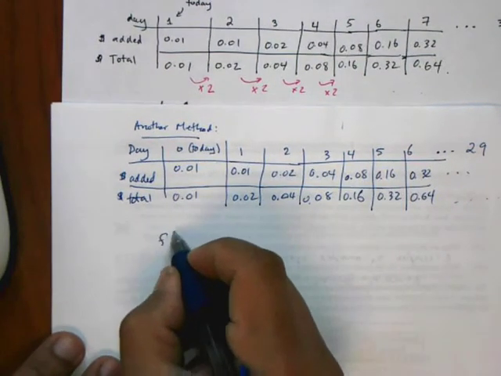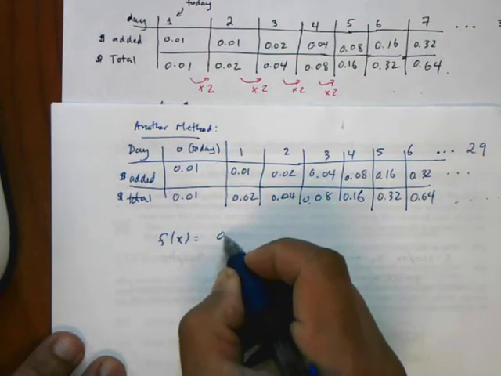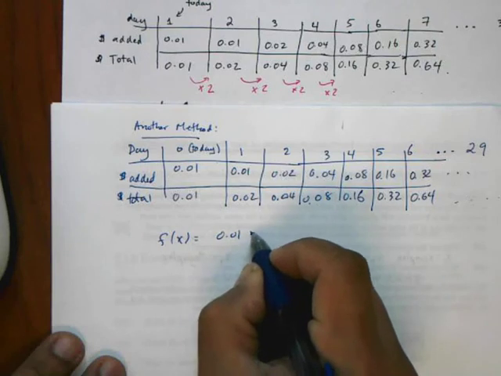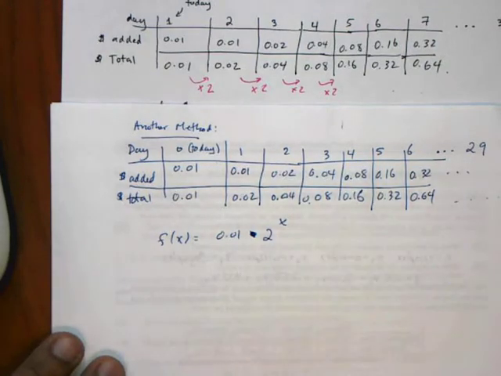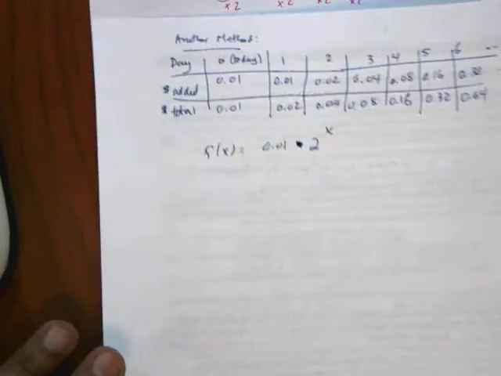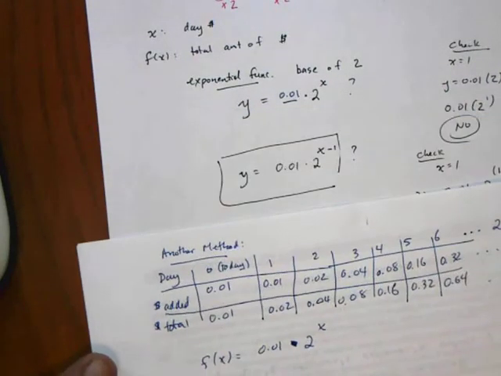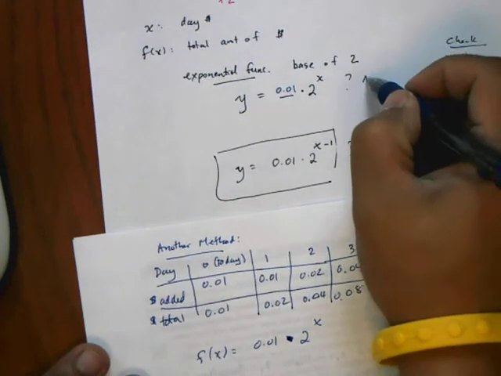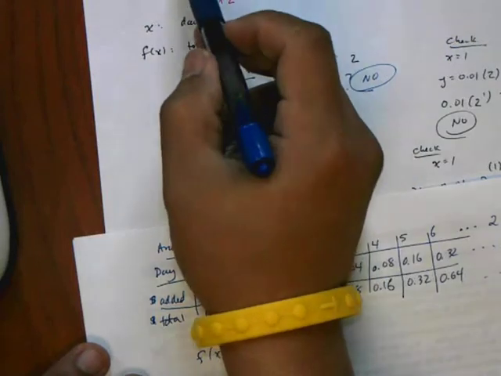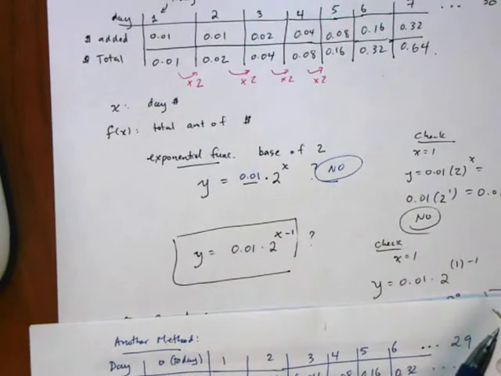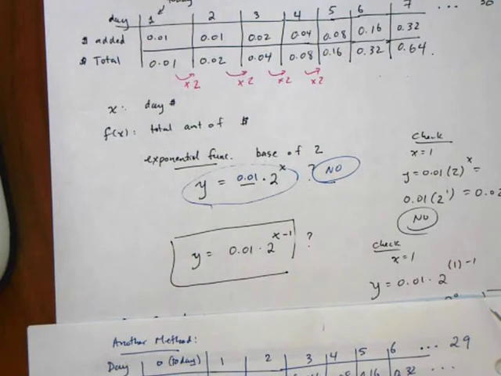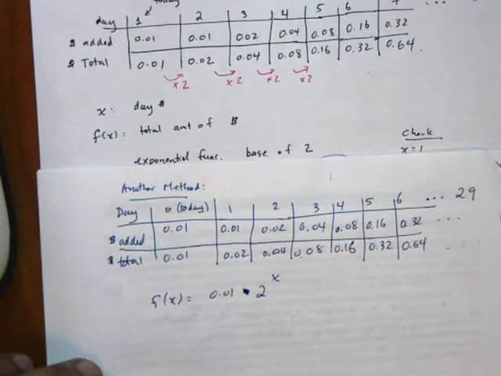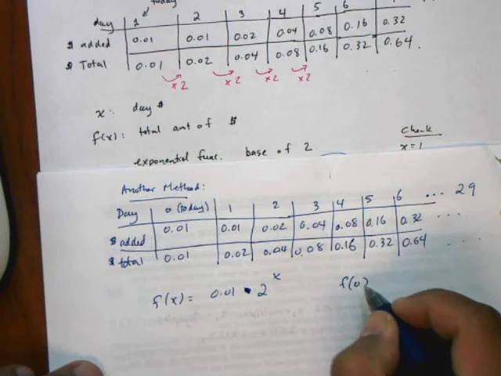Well, now the function f of x equals 0.01 times 2 to the x. Now this in fact does work. See, up here, this function did not work when you're going from 1 to 30, but this function right here works perfectly well if you're going from 0 to 29. So I'll show you. What if you have f of 0?